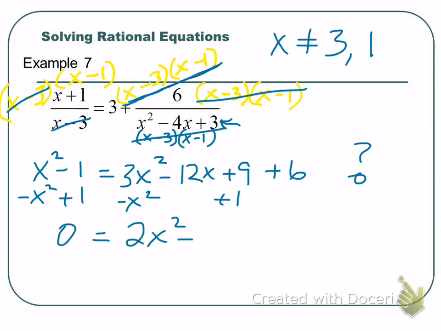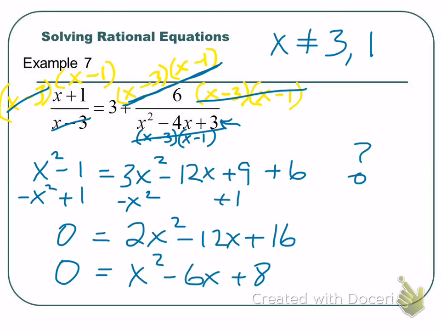2x squared minus 12x plus 16. Right? Now normally I would have to take out a GCF of 2, but because this is an equation, I can just divide everything by 2 and make the 2 go away. So I'd have 0 equals x squared minus 6x plus 8.